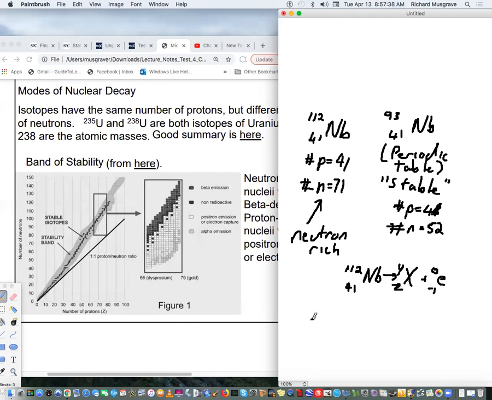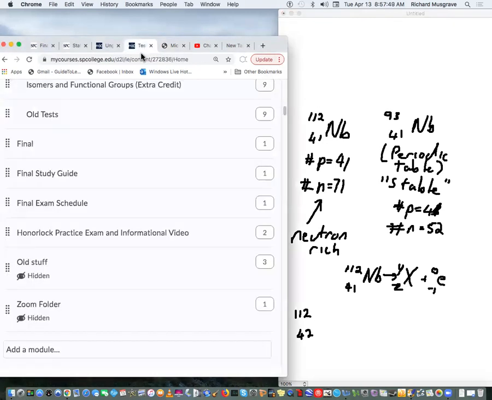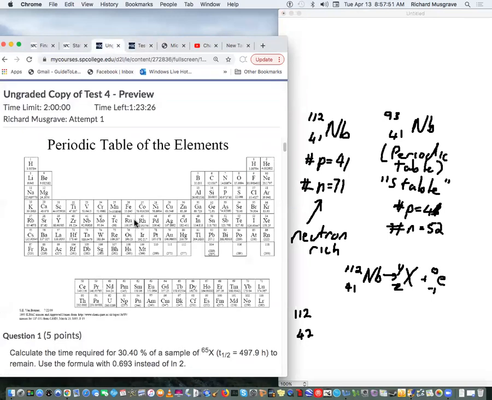So what that means is our element is going to be 42 and 112. And 42 is MO.